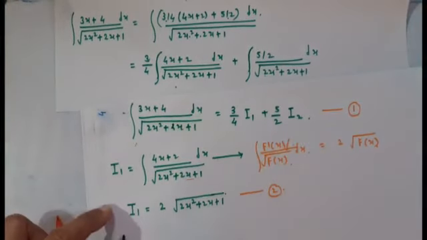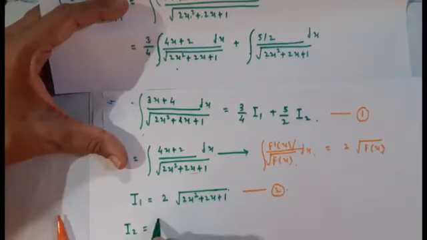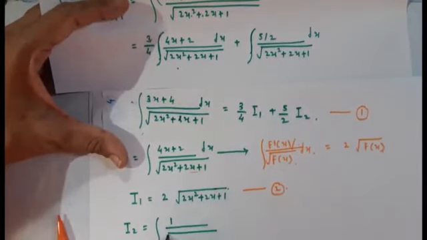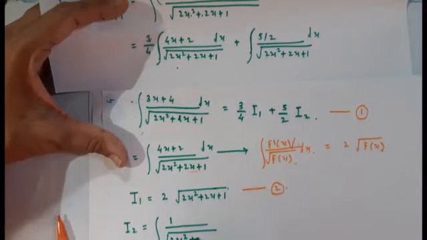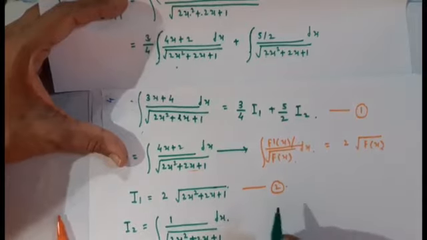Okay students, now let us find the integration I2. So I2 equals the integration of 1 upon square root of 2x square plus 2x plus 1 with respect to x.